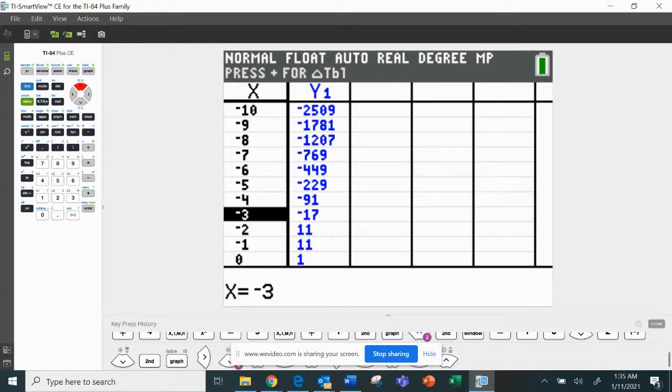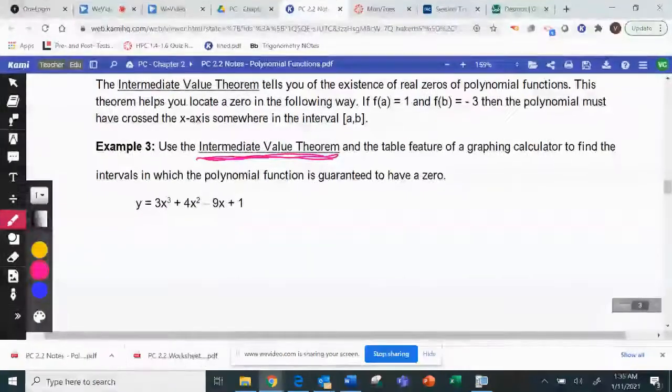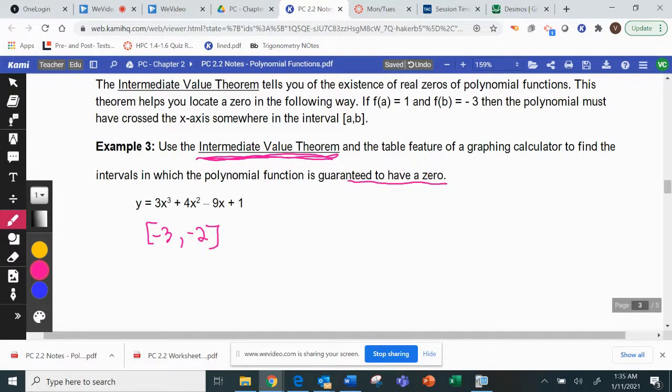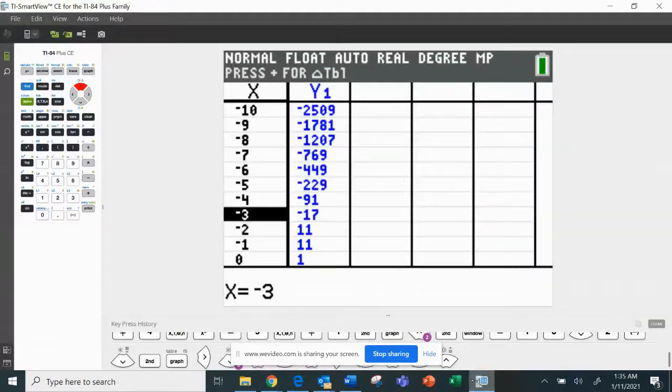So on my notes, what you would do in your answer would be -3, -2 will be a sign change. That's guaranteed to have a 0 in there because it goes from the y values being negative to the y values being positive. So it's somewhere in here, the y's have to equal 0.